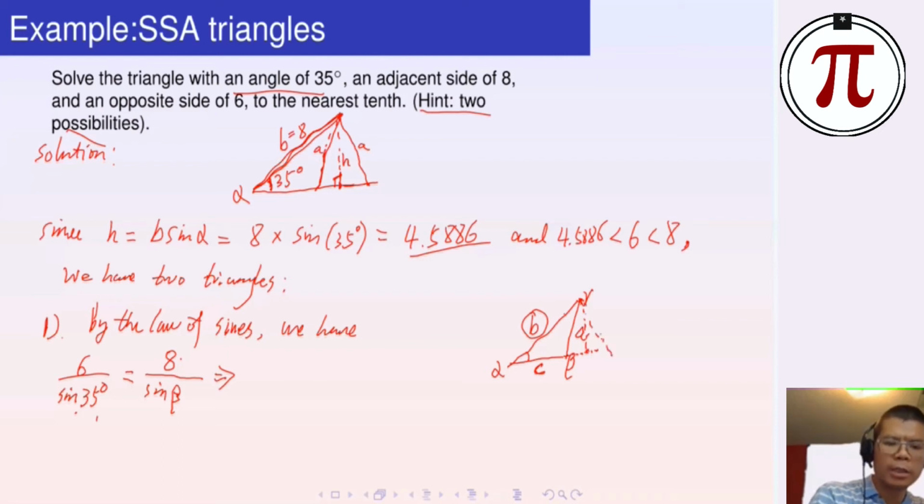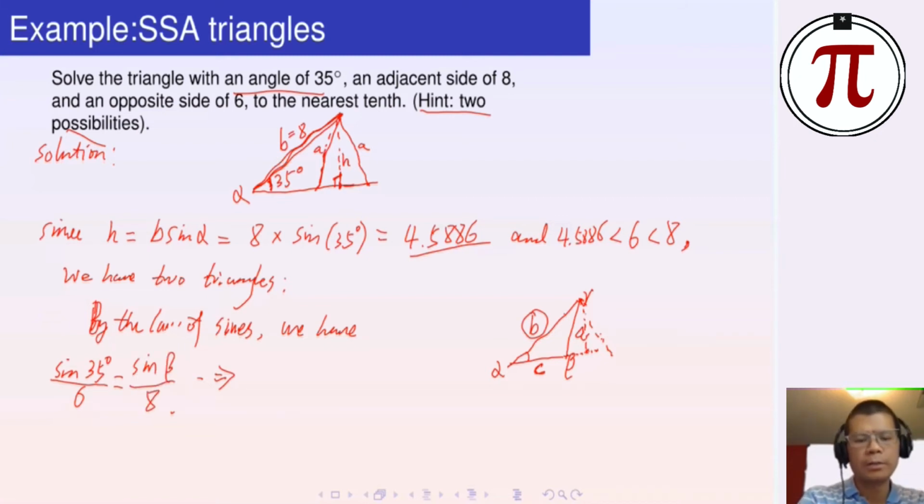I'm going to solve them one by one this way. By the law of sines, we have this. Instead of doing this, I want to use the first one, with sine on the top, because that's easier for my calculation. Sine of alpha, 35 degrees, over 6 equals sine of beta over 8.